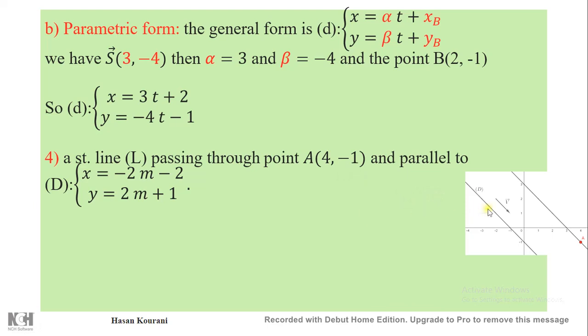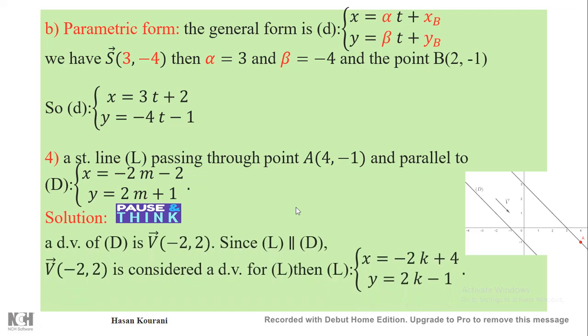And L is parallel to another straight line D whose equation in parametric form is given. Here the parameter, as you see, is m. A direction vector of this straight line D is (alpha, beta), since it's in parametric form, so it will be (-2, 2).